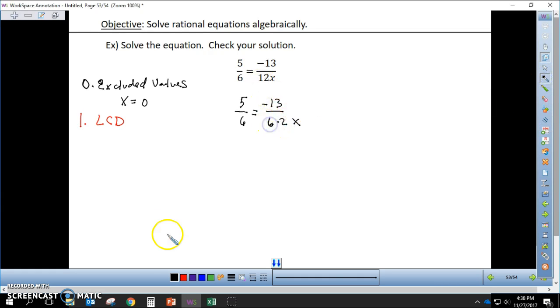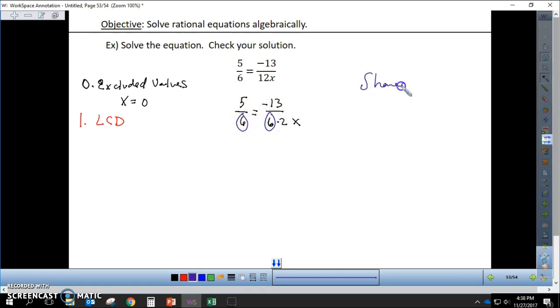So here I have a shared factor, 6, and then our remaining factors are 2 and x.